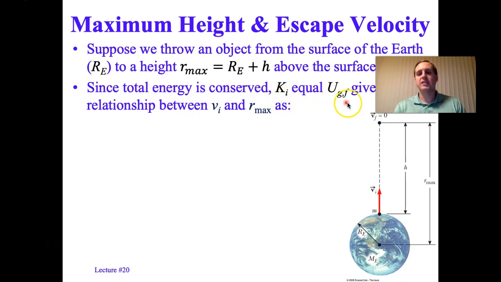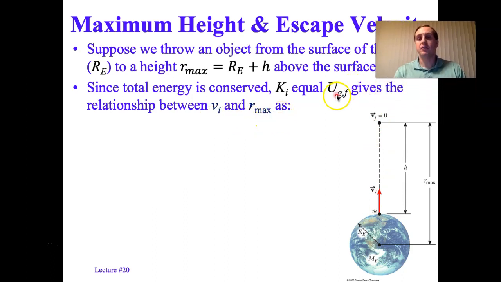initial kinetic energy is equal to the gravitational potential energy final, and this gives the relationship between v initial and R max. By the way, this is the universal gravitational potential energy.